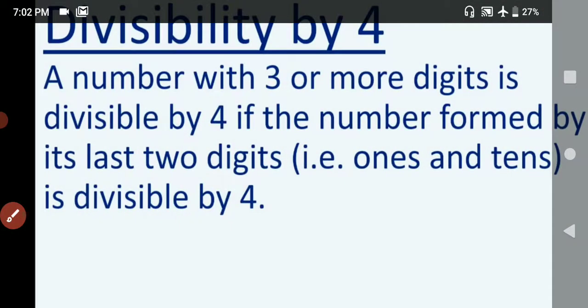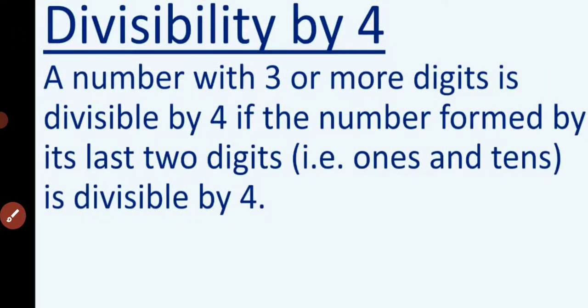Next, divisibility by 4. A number with 3 or more digits is divisible by 4. The requirement is that the number should have 3 digits or more, then this divisibility rule is applicable.